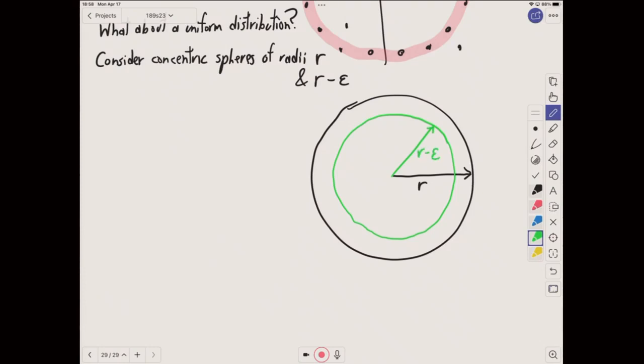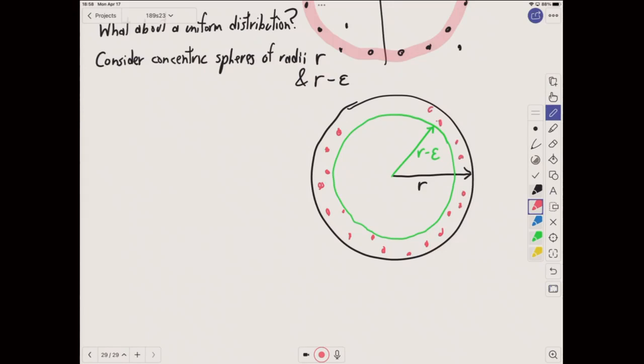And suppose this is in a high-dimensional space. So now I'm going to generate a bunch of random uniformly distributed points in the black ball and ask how many of them are going to be inside the green ball? How many of them are going to be outside the green ball? Well, you might be able to guess from the previous example what's going to happen in a high-dimensional space: pretty much they're all going to be in that outer ring.